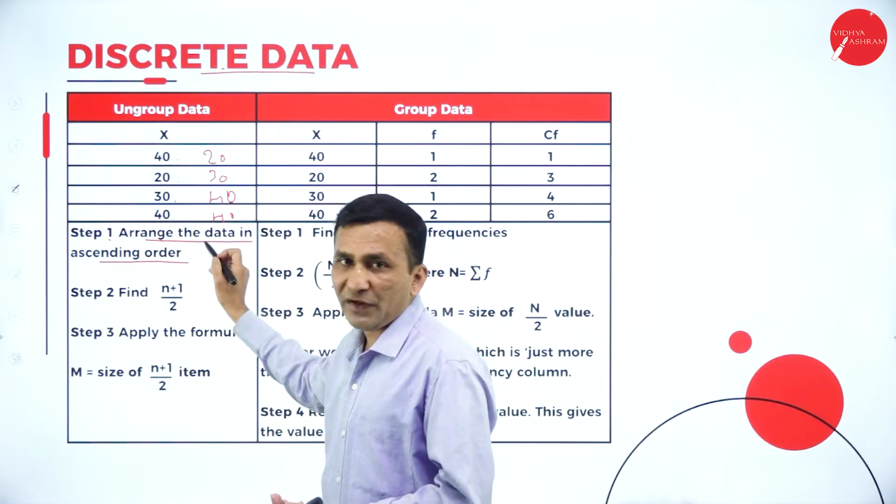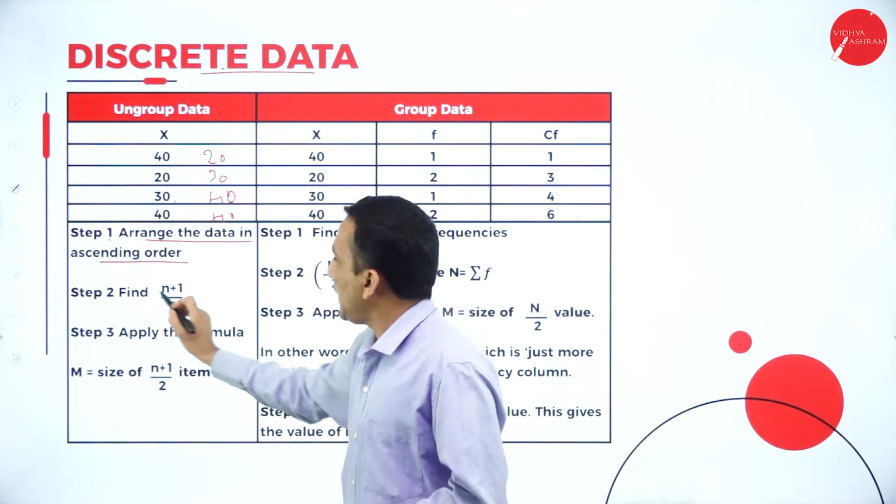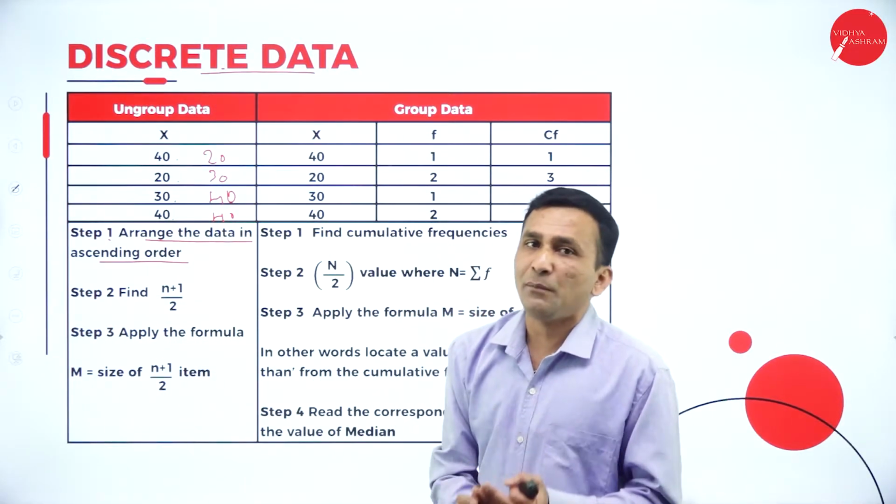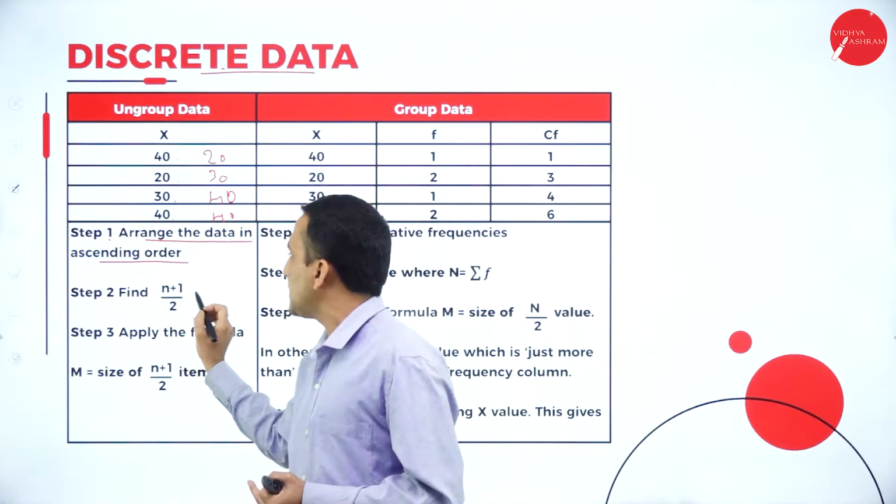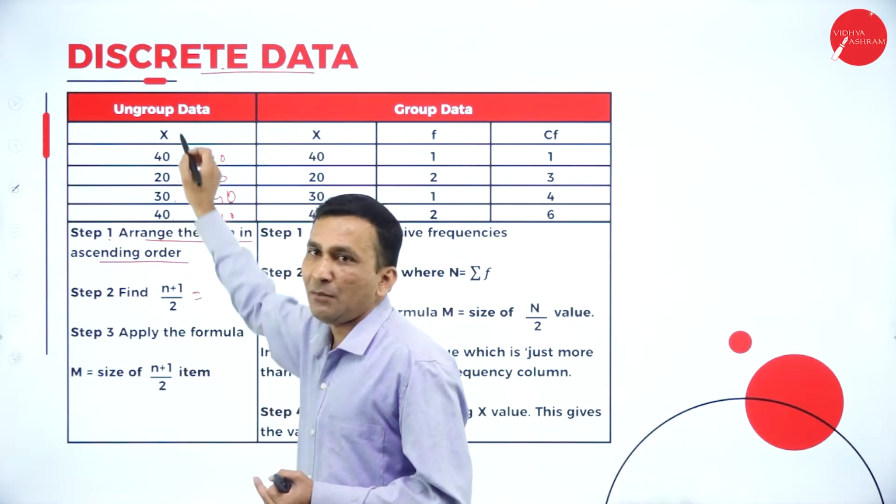There is no frequency. After arranging, according to the second step, we need to apply (n+1)/2. How many numbers are given?